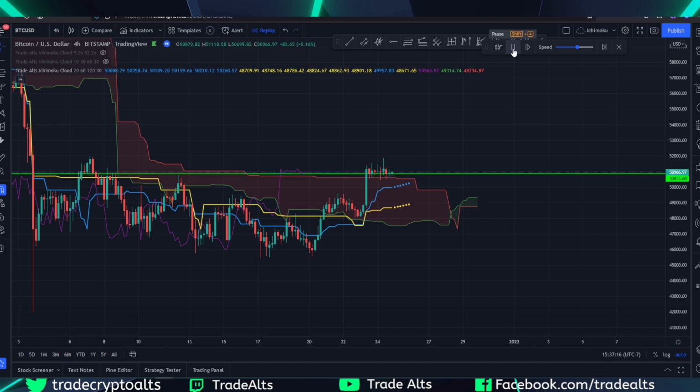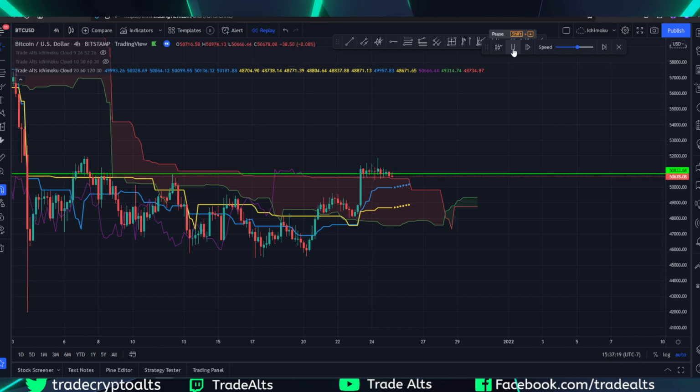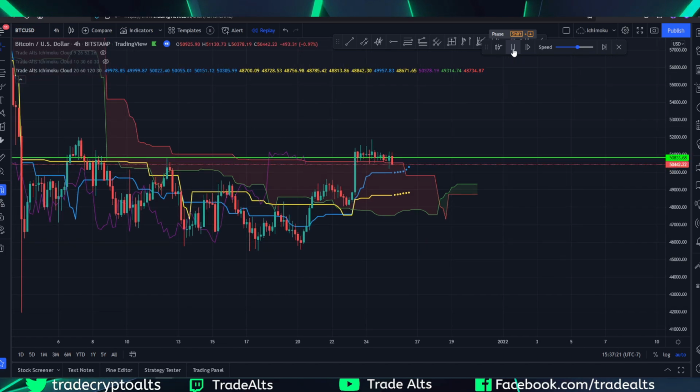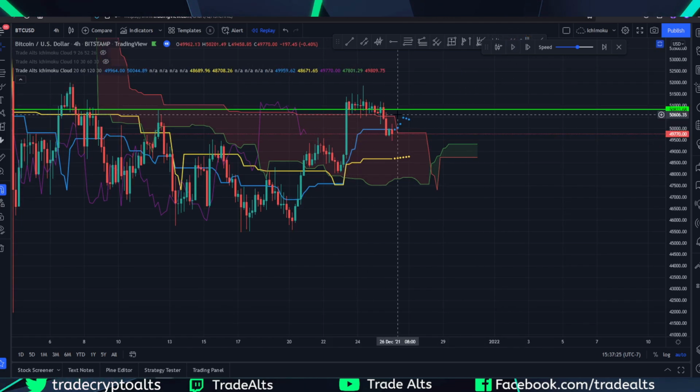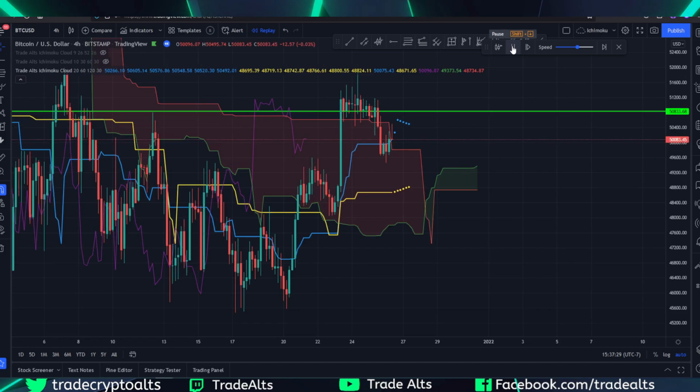Cloud is very thin. Price is coming back inside a cloud. So this, again, is bad for that long trade. It's very bad.